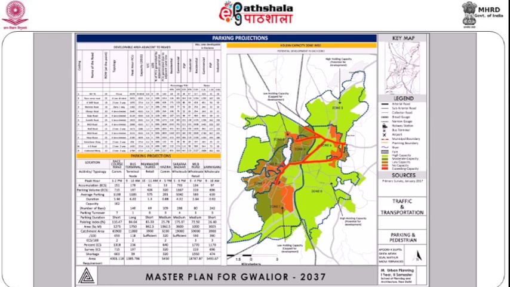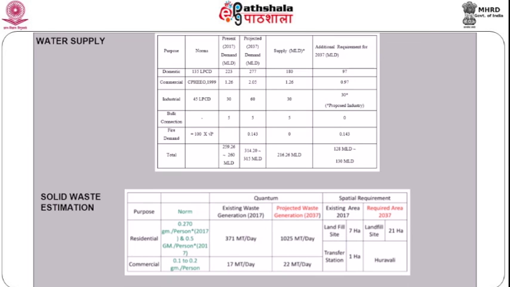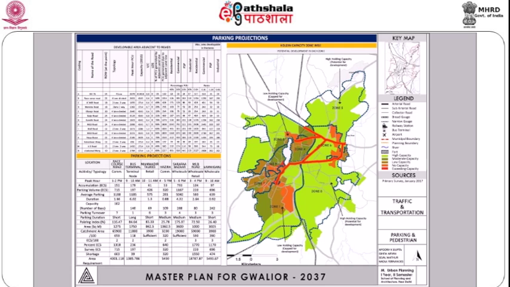Here you can see from these slides how, from the traffic forecasts and from the traffic generation rates, the projections are done for the terminals and for the other aspects which I was referring to.